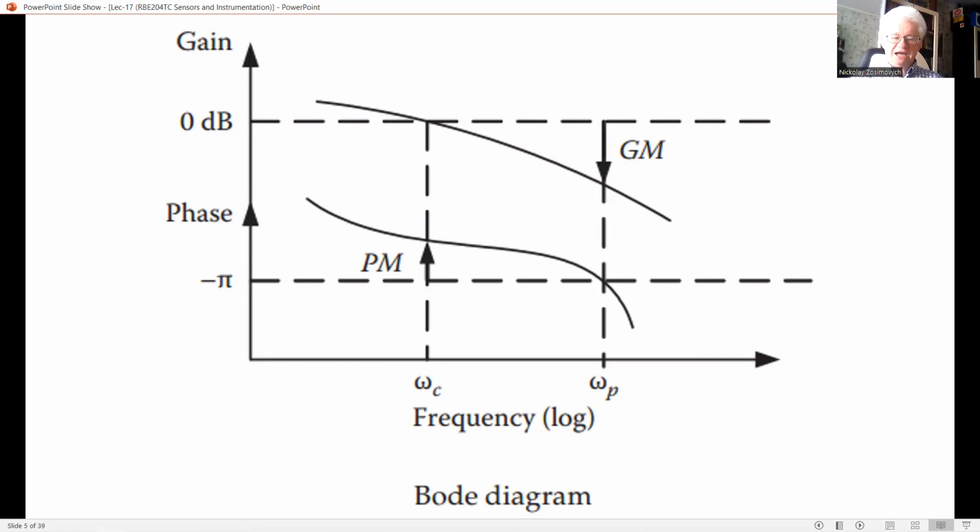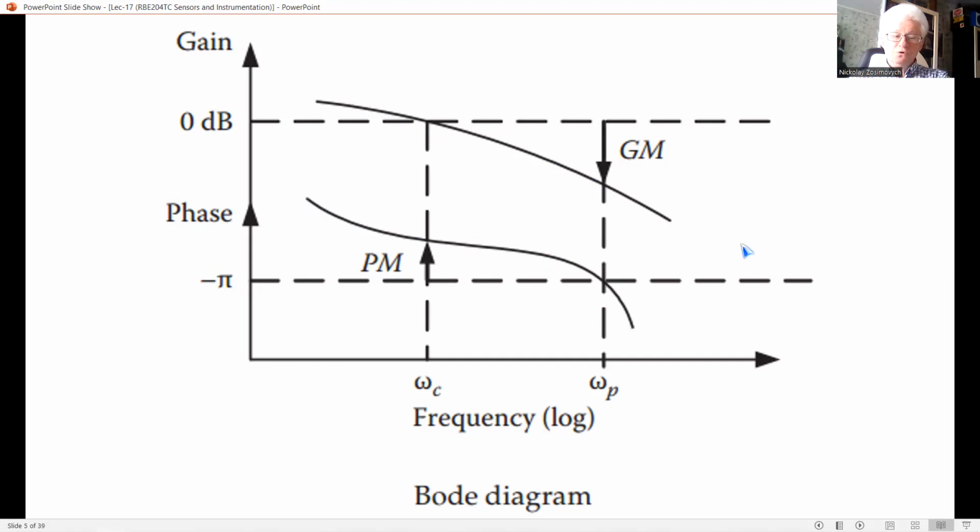Suppose that at a particular frequency omega, the forward transfer function G provides a phase lag of psi1, and the feedback transfer function H provides a phase lag of psi2.